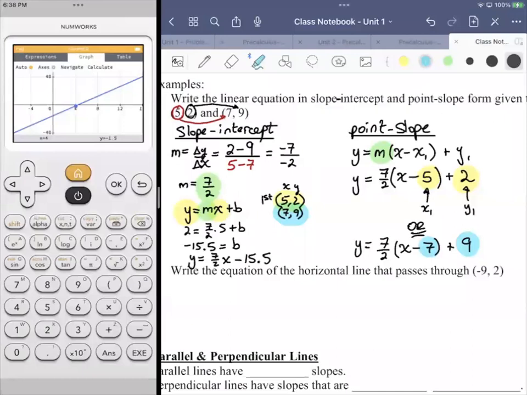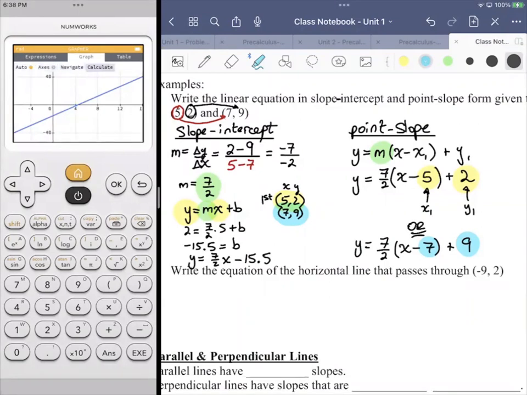I just want to see the graph. The calculator is going to figure out the best window to see that graph. So I have the line we typed in, y equals 7/2x minus 15.5. This most likely is it. I'm not really verifying anything.